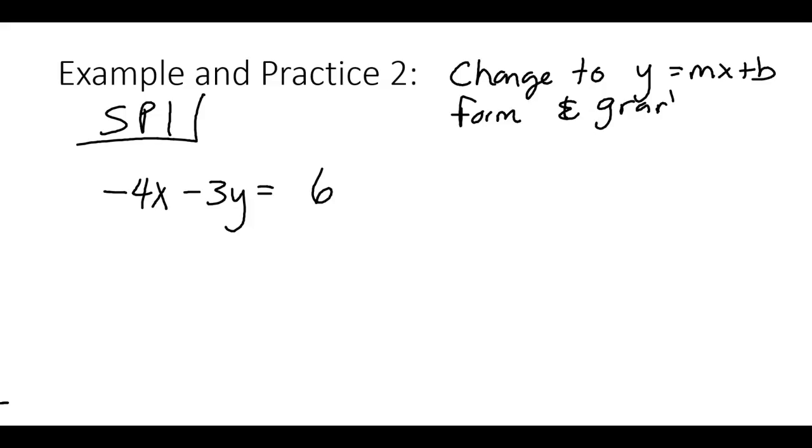Kimora, did you get negative 4 over 3 minus 2? Did you get the graph? No, I'm figuring out. Okay. Do you want to do it on the board, or do you want to wait? Yeah. Wait. Okay. Would someone else?